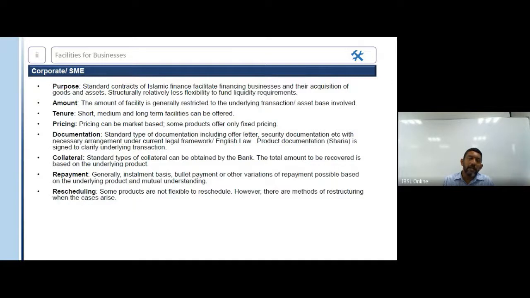For each of these products we will look at their definition, how they are structured, the process involved, the Sharia principles, the risks associated, the features, and the documentation, very briefly. Not the actual documentation, but how it is done. Or we will discuss general points related to that, and we will move on.